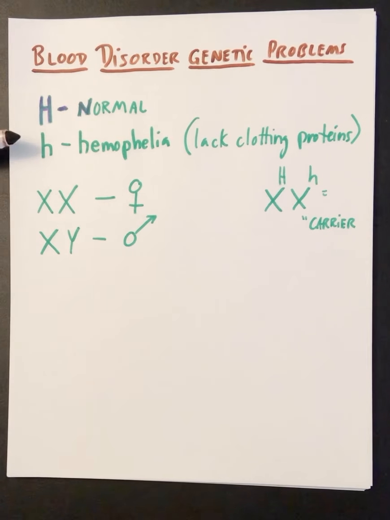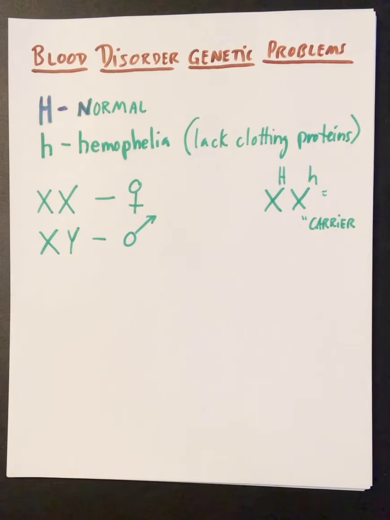Now, this letter here is going to represent hemophilia. This is an allele, or a form of a gene, that causes a condition where the human lacks the ability to create proper clotting proteins, which can be a real problem, obviously, particularly if they're injured and bleeding. Clotting is the ability to stop bleeding in a natural way.